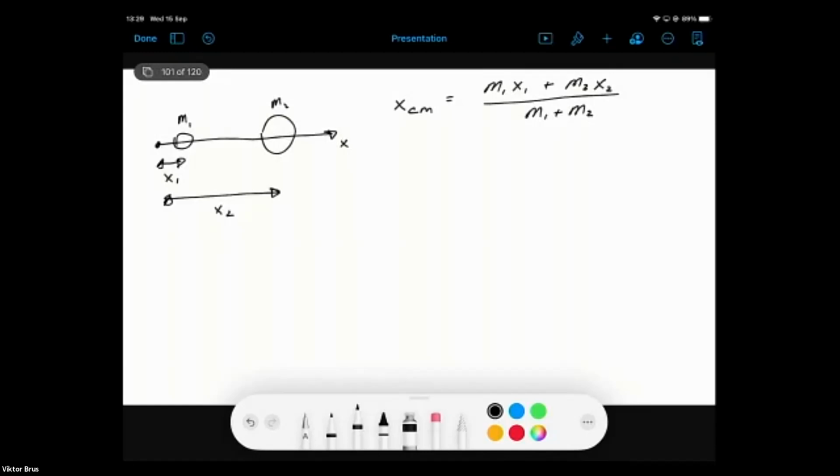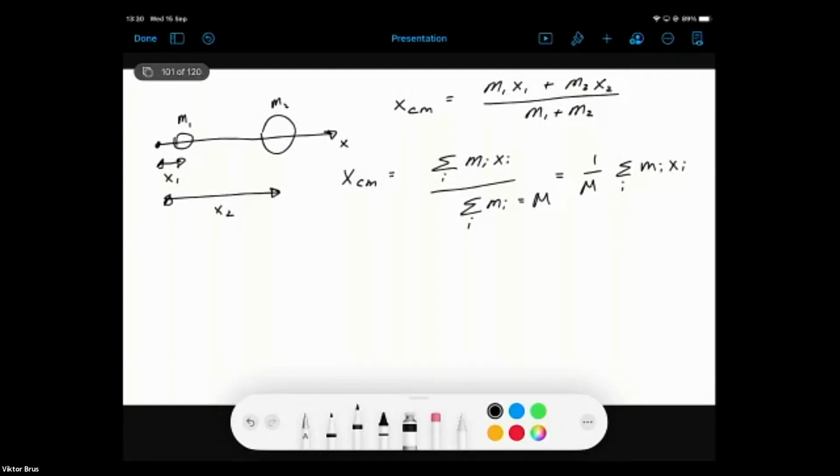So in general, we can write that X center of mass is equal to the sum over all bodies of the product of their mass and their position, divided by the sum of all masses. The total mass is marked as capital M. So we will have 1 over capital M times the sum of the products Mi xi.